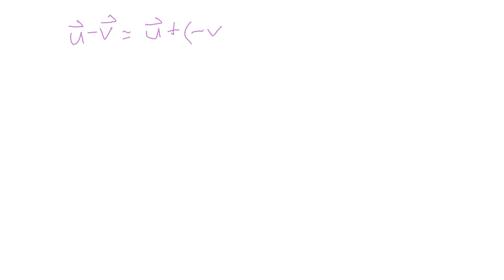So we can say that u minus v is the same as u plus negative v. Negative v is essentially vector v flipped in the opposite direction. This is a bit easier if we draw it out.